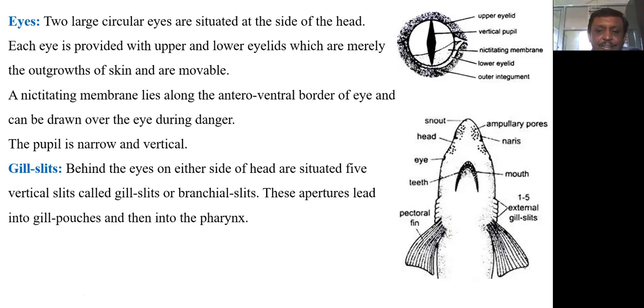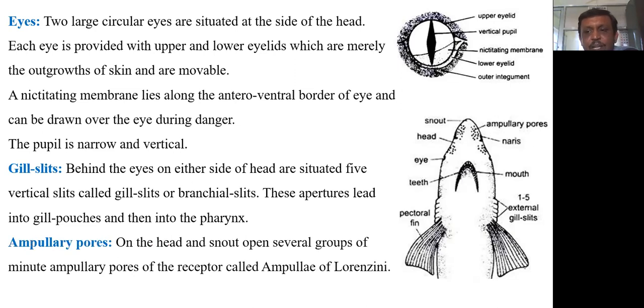Interiorly, these apertures lead into gill pouches, and ultimately the gill pouches open into the pharynx internally. So from external to internal, these gill slits are connected with the pharynx. So what is the arrangement? The external gill slits open behind into gill pouches, and those gill pouches open inside into the pharynx. So this is the arrangement in Scoliodon's body.